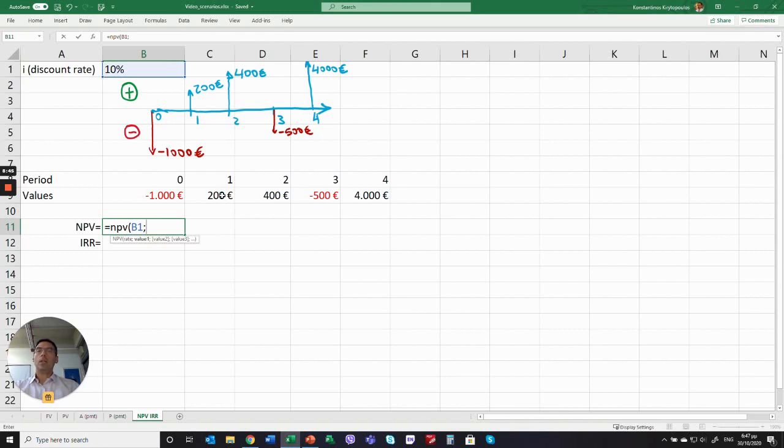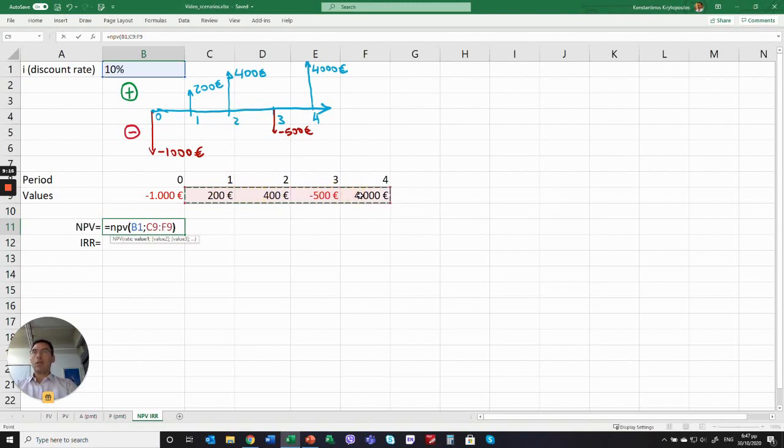Pay attention to that. Net present value brings every value back to today at the equivalent value that they would have in present values. So that would mean that you need to start from one period from now. That is, you will not include in the NPV function what is happening today, what is happening in year 0, because this is already present value. So you're going to select what is happening from year 1 to year 4.